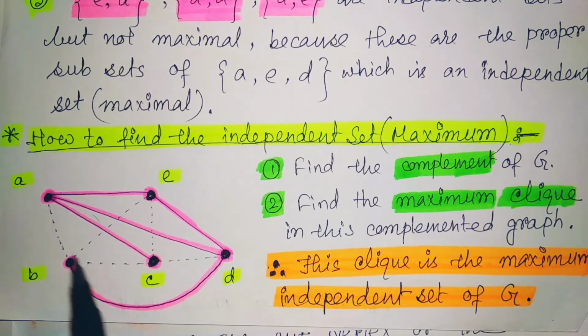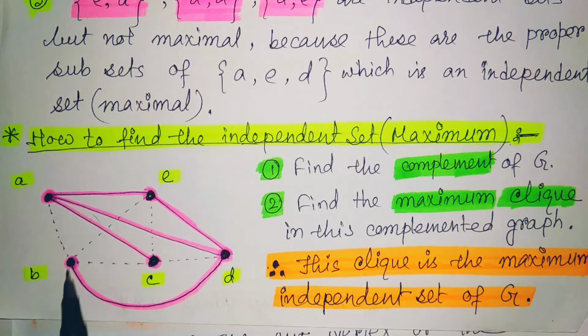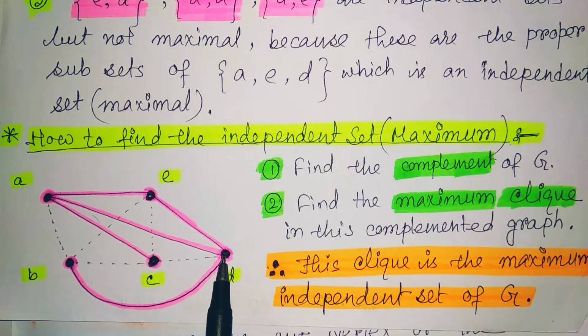You just draw by yourself. Look, this dotted line denotes your original graph and these lines are joining to get the complement of the given graph. So after getting the complement of this graph, we will find out the maximum clique. BD creates a clique because this is a complete subgraph of the complemented graph.